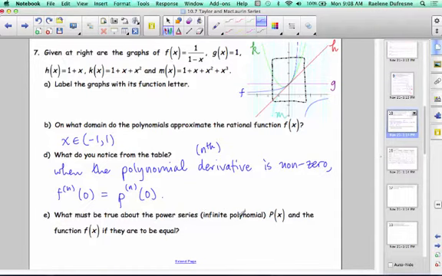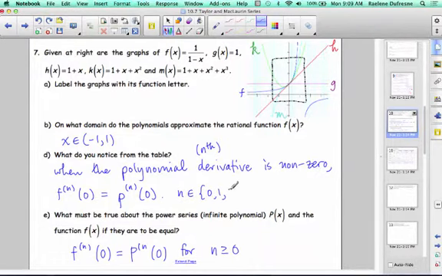But in order for an infinite polynomial, which is not what we had with m of x, to be the same as f of x, we need that f of n at the center, which in general we could call a, but we will say 0 for now, for n greater than or equal to 0. Here what we had from the table was this was true for n from 0 to 3.